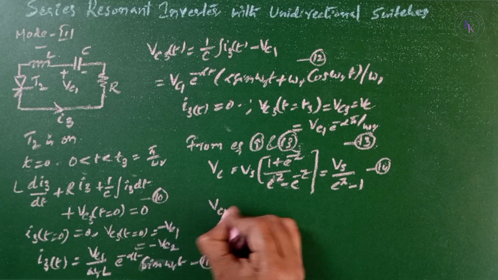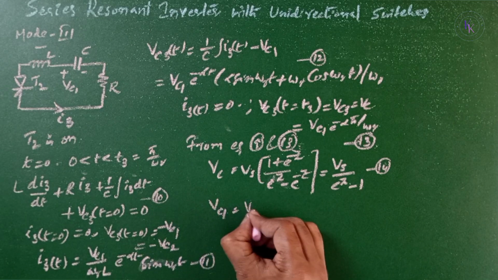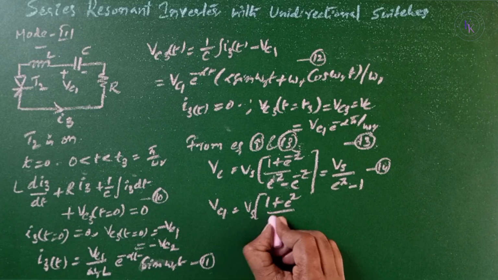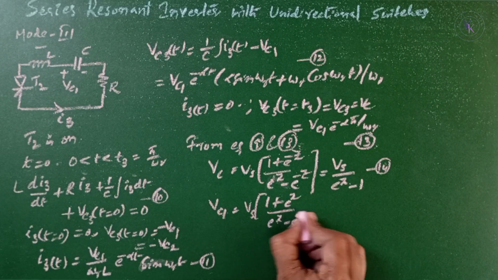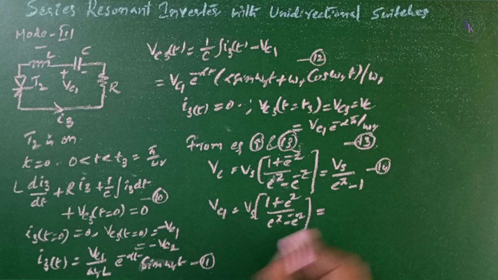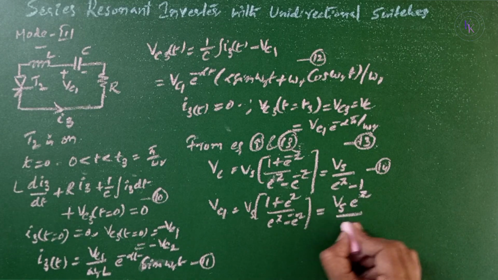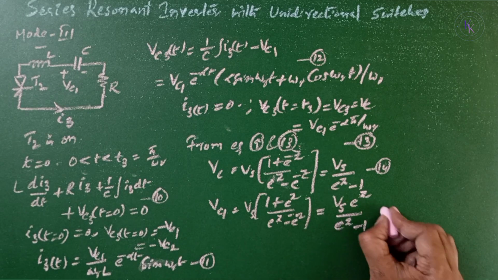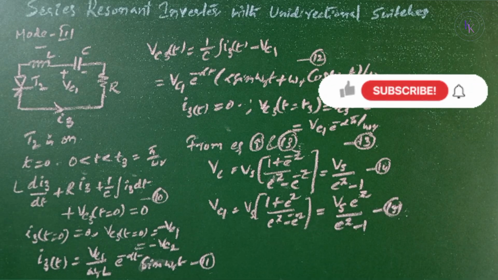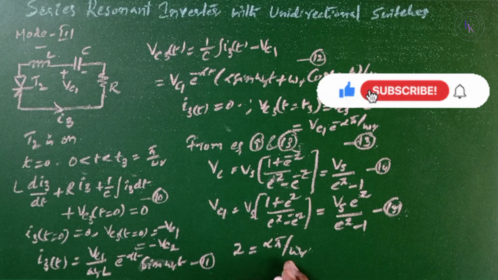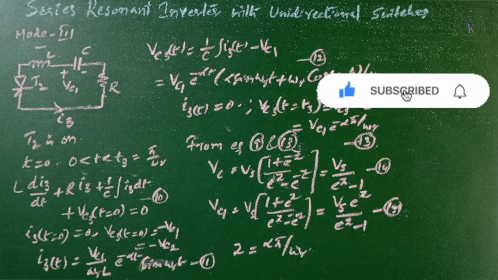And Vc1 equals Vs of 1 plus e to the power of z divided by e to the power of z minus e to the power of minus z, which equals Vs e to the power of z divided by e to the power of z minus 1. Let this be equation number 15, where z equals alpha pi by omega r.